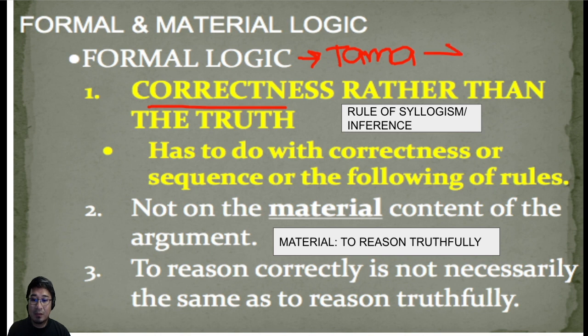If it follows a specific rule. Anong rule that we're talking about here is the rule of inference and syllogism. Formal logic is after more on the correctness of an argument rather than the truth found in the argument, because what matters under formal logic, it's the premises and then the conclusion are following the rule of syllogism and then inference. It has to do with correctness or sequence or of the following rules.